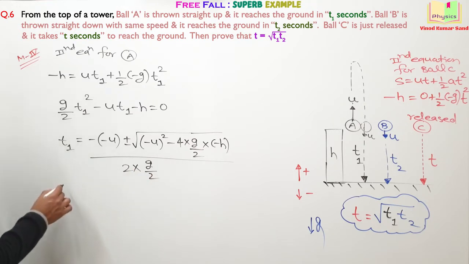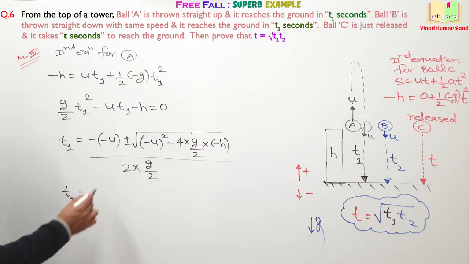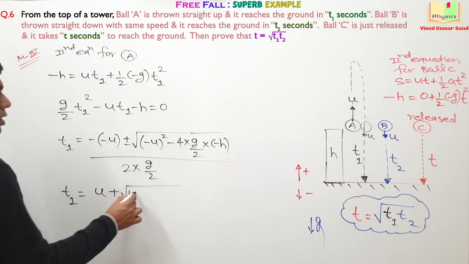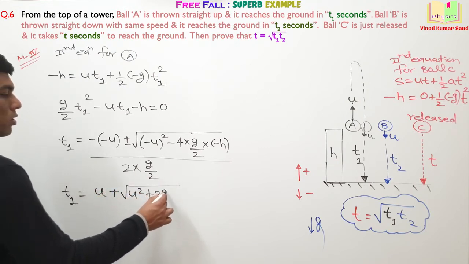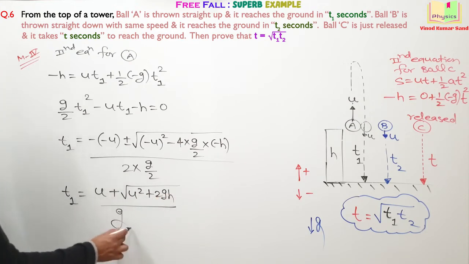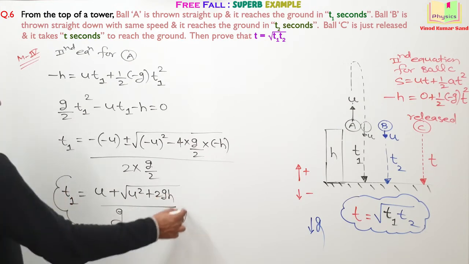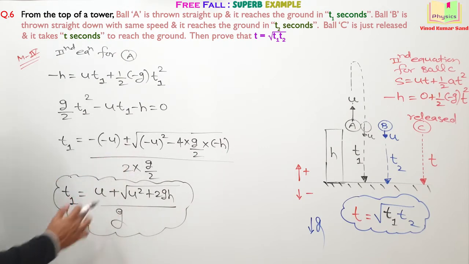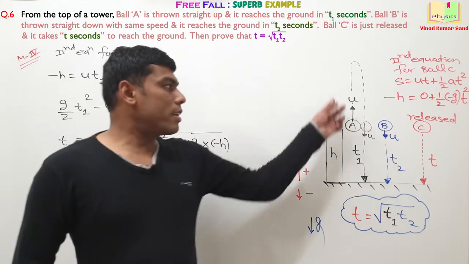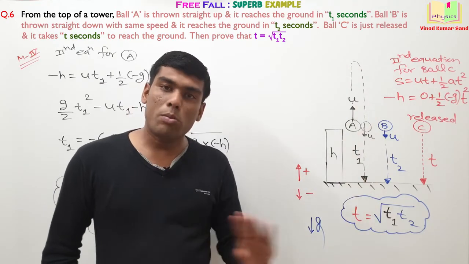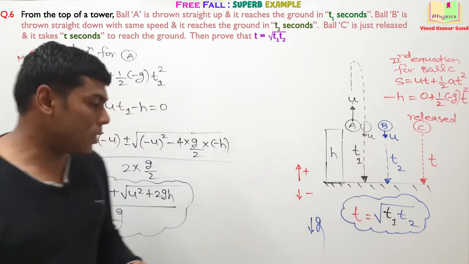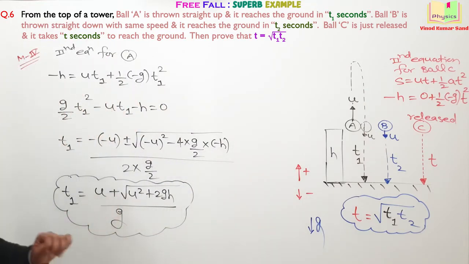This will give us t1, which comes out to be u plus root of u square plus 2gh, divided by g. Why are we discarding the negative sign here? The time interval t1 cannot be negative. This is a time interval, it should come out to be positive, so this should be the answer.